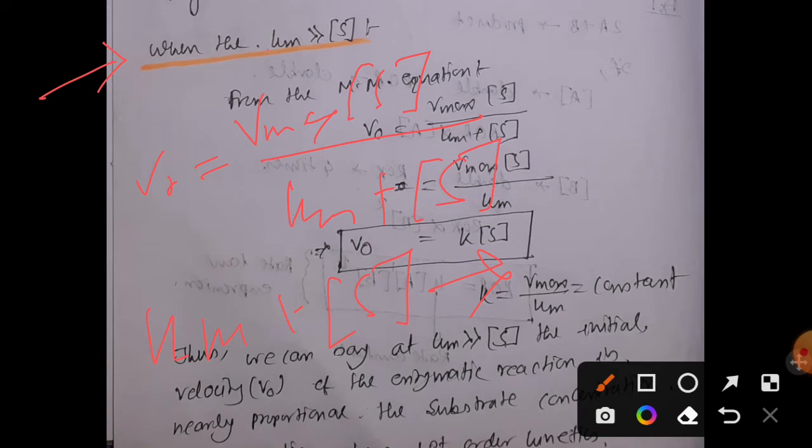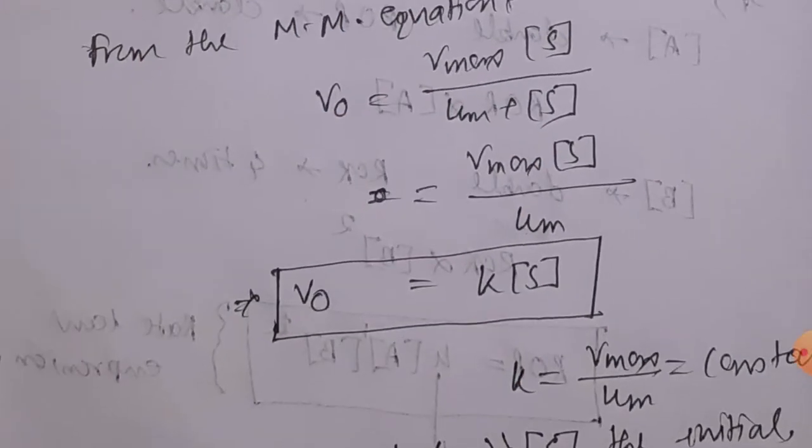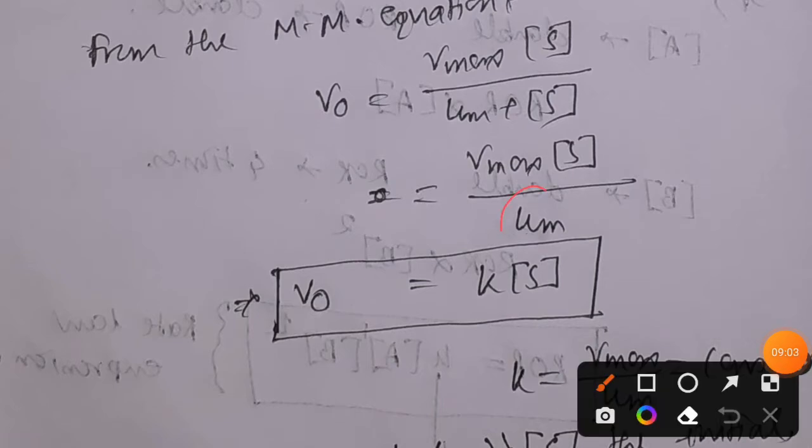There, if they tell you that Km is much greater than S, we simply consider that the concentration of S will be negligible. That means Km plus S will be Km. So we will consider Km plus S as Km.